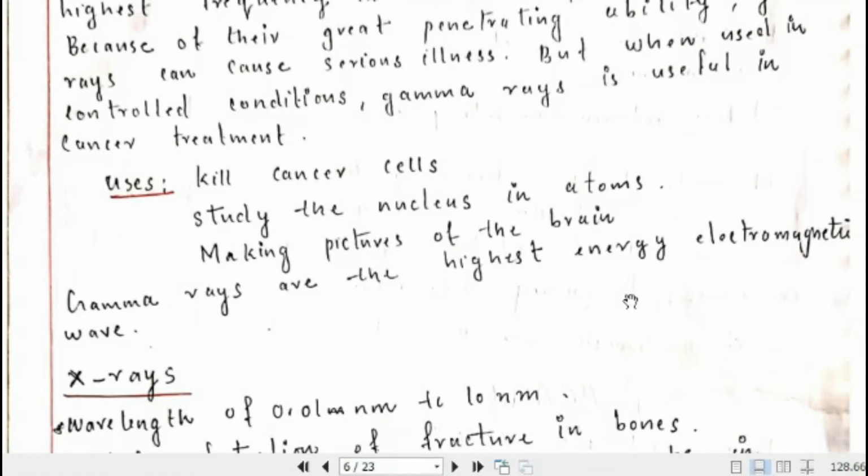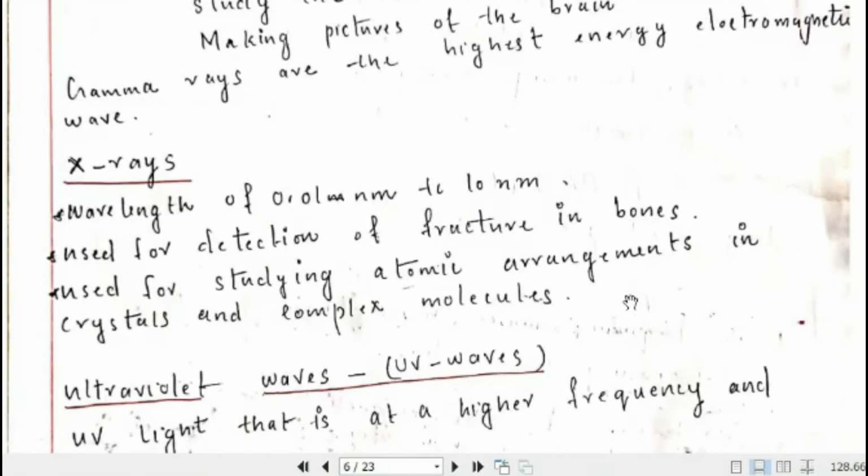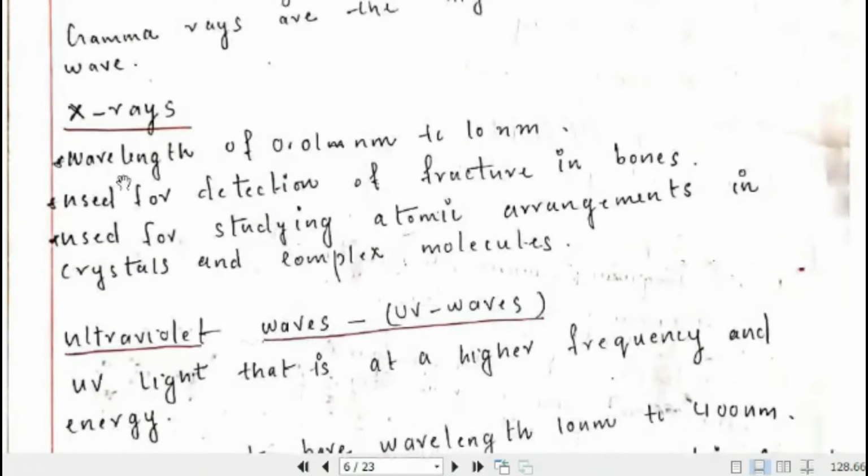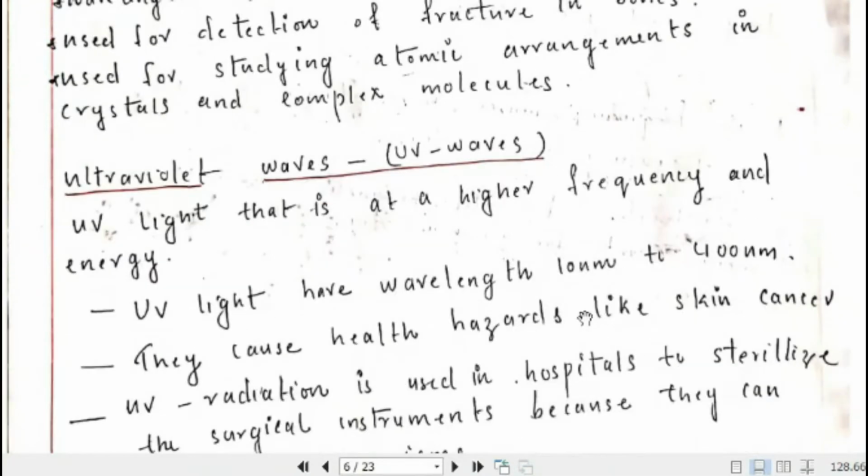Gamma rays are the highest energy electromagnetic wave. In the electromagnetic spectrum, as you observe, the next ray is X-ray, which is having wavelength of 0.01 nanometer to 10 nanometer, which is used for the detection of fractures in bones, and for studying atomic arrangements in crystals and complex molecules.